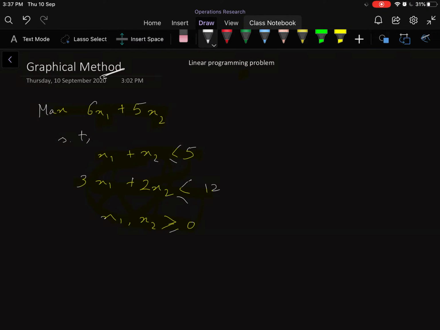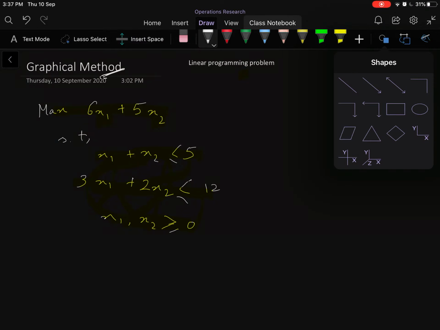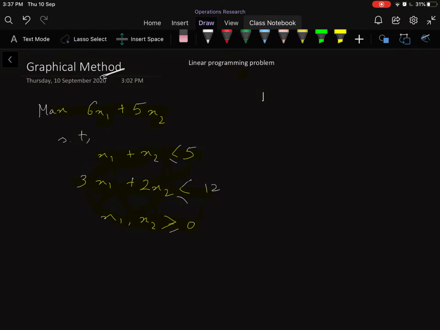For that, let's say that we have two axes here, such that along this axis we are plotting x1, and along this axis we are plotting x2, as x1 and x2 are two variables here. Now first of all, let's consider this particular expression, which is a constraint.